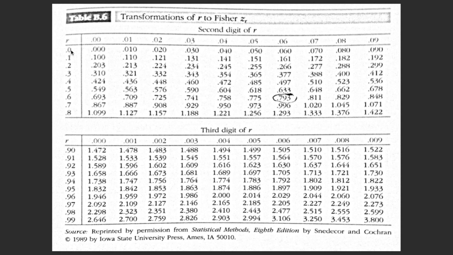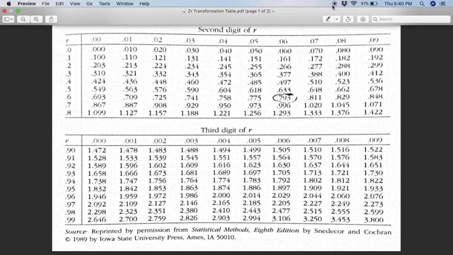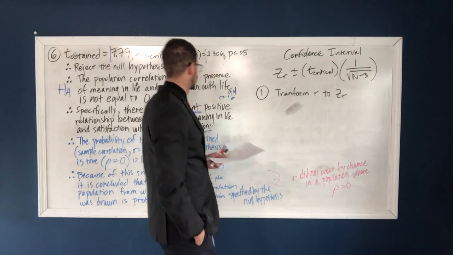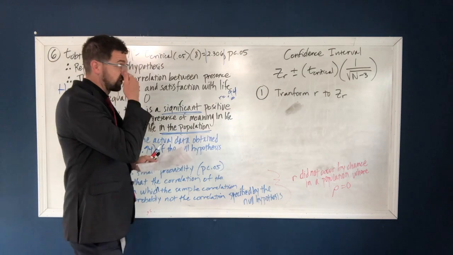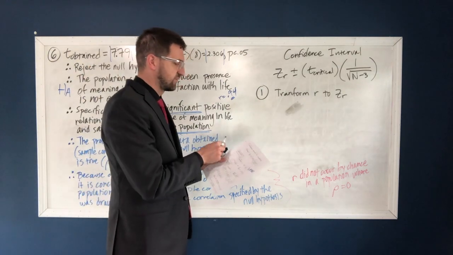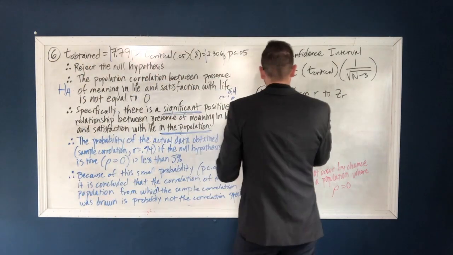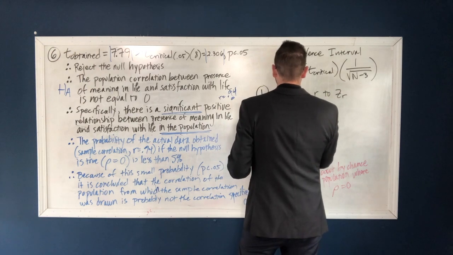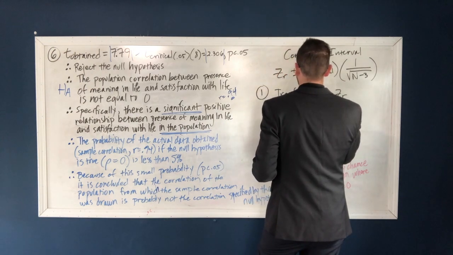Okay, the first digit is 0. The second digit is 3, so 0.03 is our ZR. Okay, so we transformed our R of 0.94 to ZR, and we found that it is 1.738. Okay?